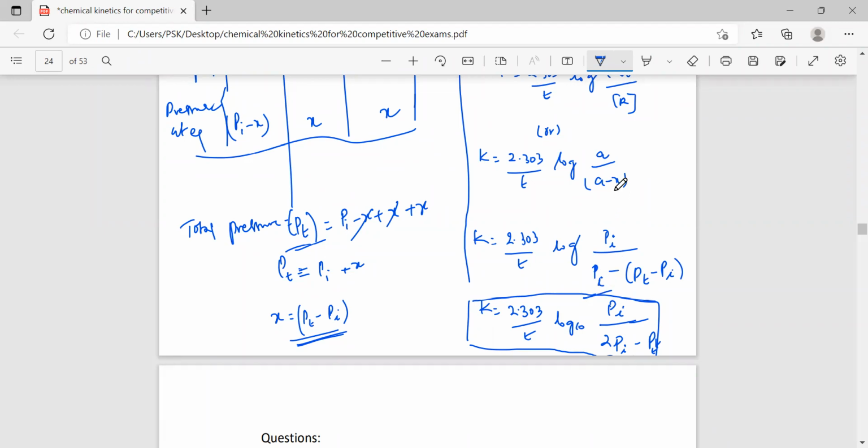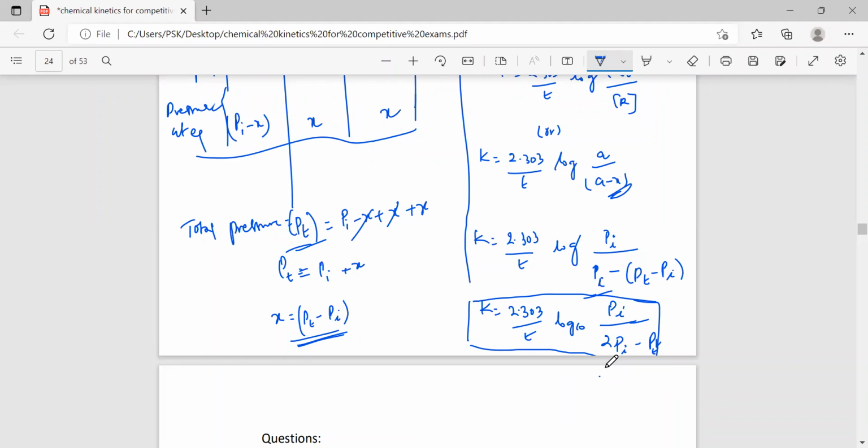A is initial pressure Pi, minus this X we found out from here. X is equal to PT minus Pi. On substitution, we get K is equal to 2.303 by T log to the base 10 of Pi divided by 2 Pi minus PT. This is the equation.